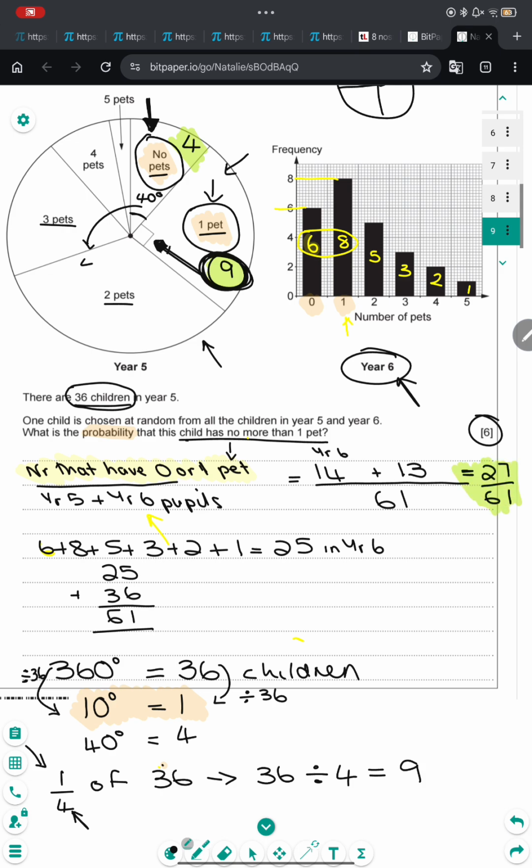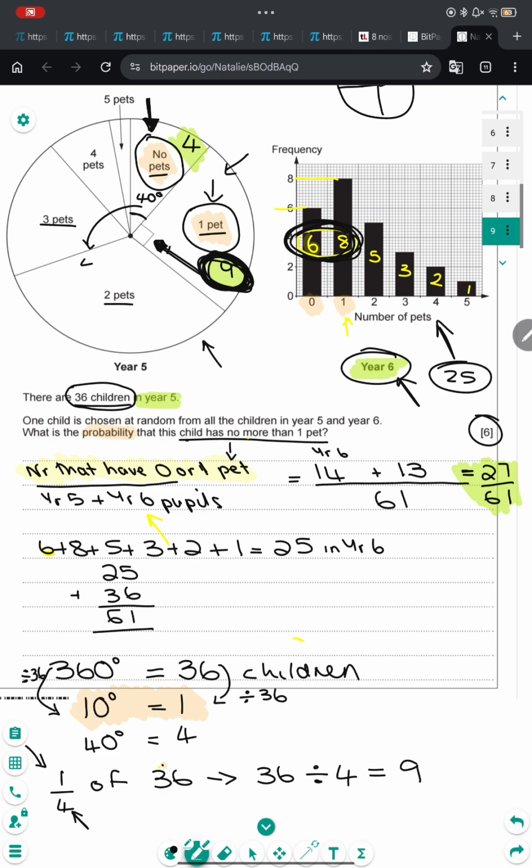The key thing is how many children are there all together? So how many were in year 5? How many were in year 6? So the fact that you got the number 25 from this one is 1 mark. The fact that you got 14 from here is another mark, okay? The fact that you've got 9 here, it's 1/4 of that 36, that's another mark.